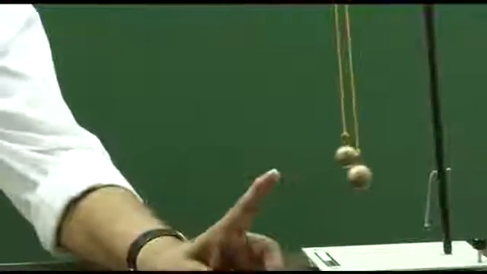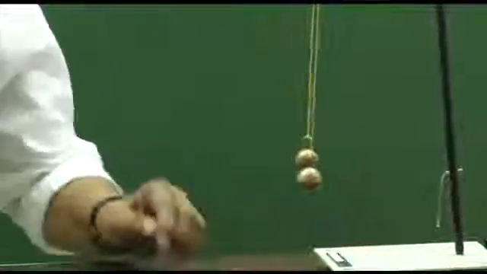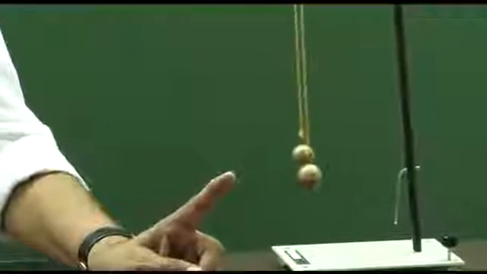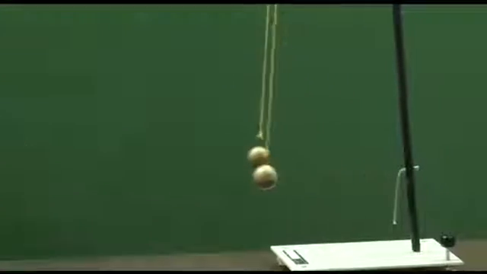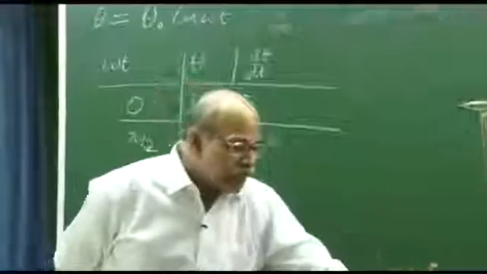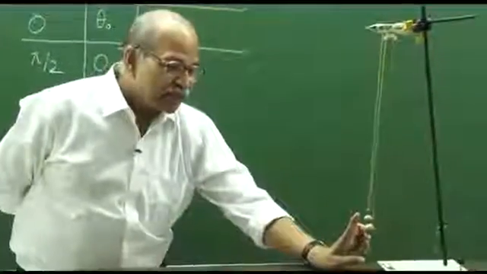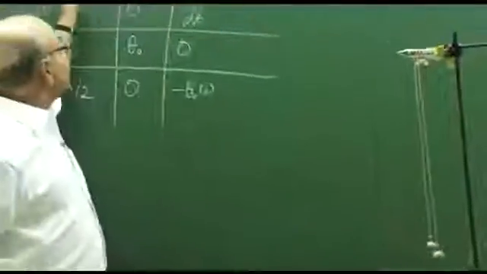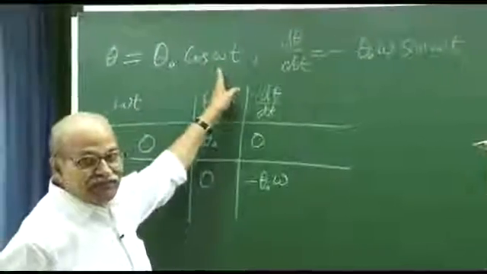So when the first one is at its left extreme, at that instant the second one is also at its left extreme, and so on. So if you write the equation of this front pendulum as theta equal to theta naught cos omega t, the equation for the second pendulum, this rear pendulum, will also be given by this same equation.